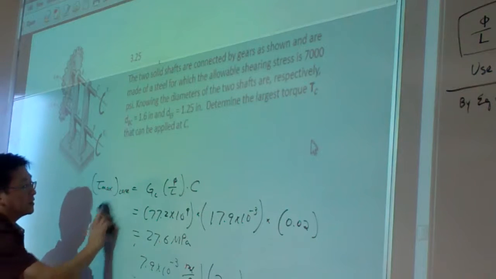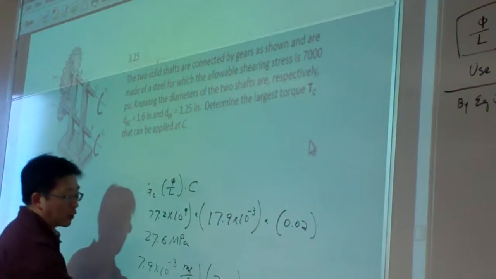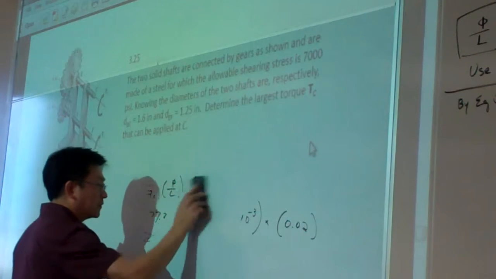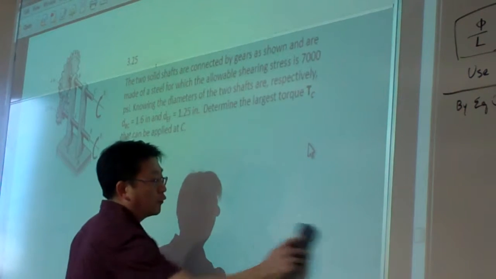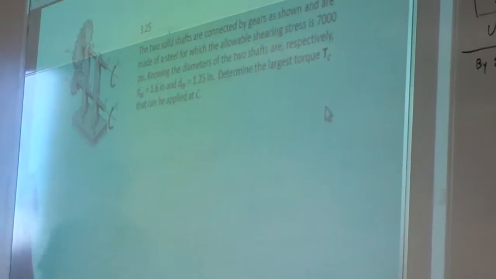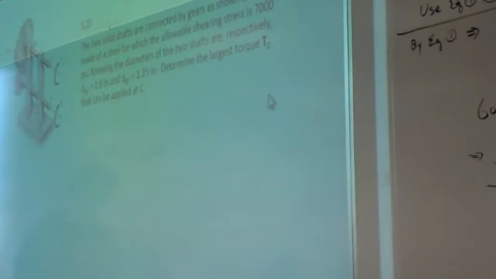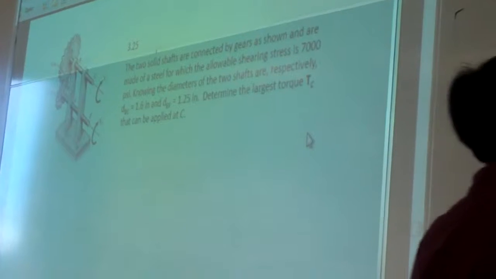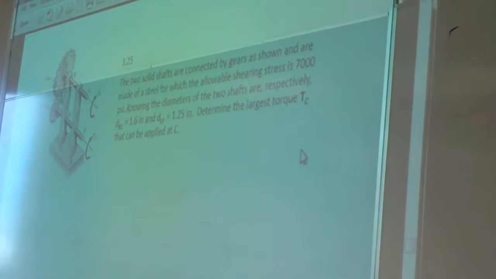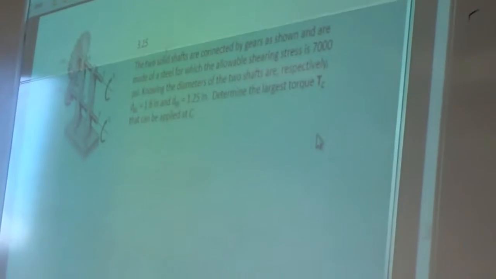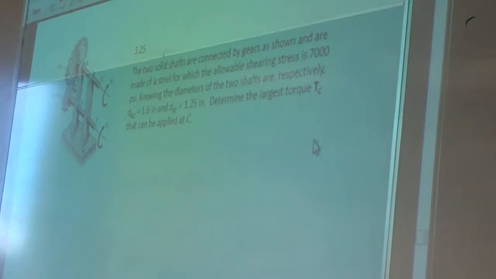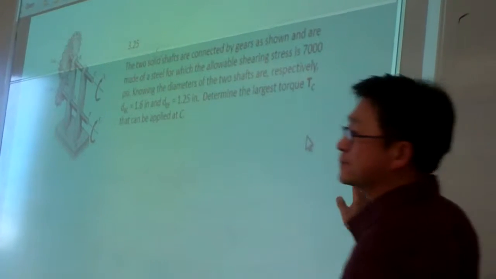The second is, once we know the torque relations in the individual shafts, we can formulate the maximum stress and constrain it under the allowable. With these two pieces of information, we should be able to solve the problem. Again, the maximum stress in both shafts must be less than or equal to 7,000.